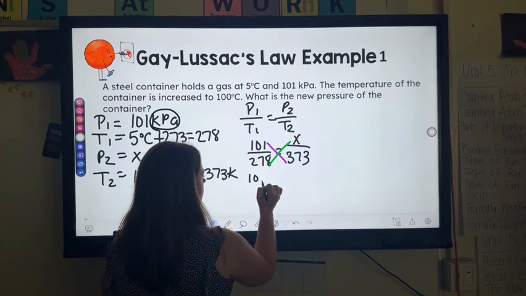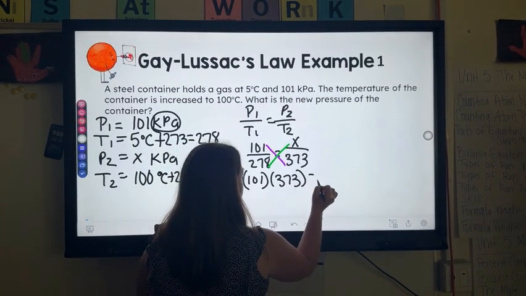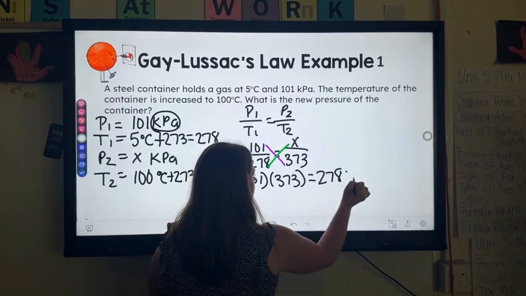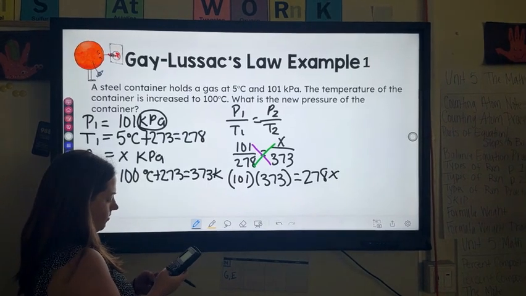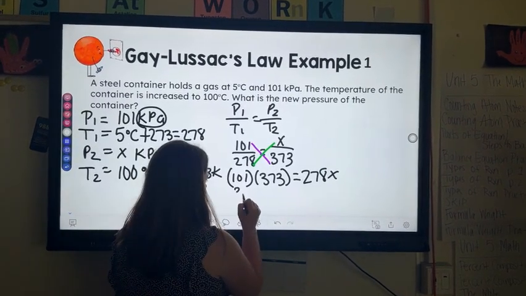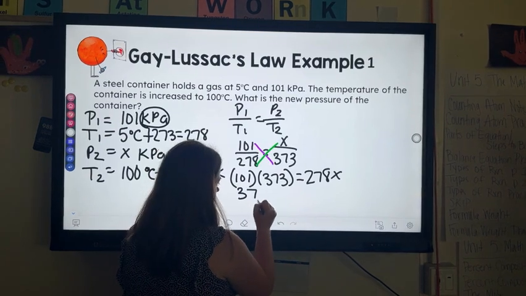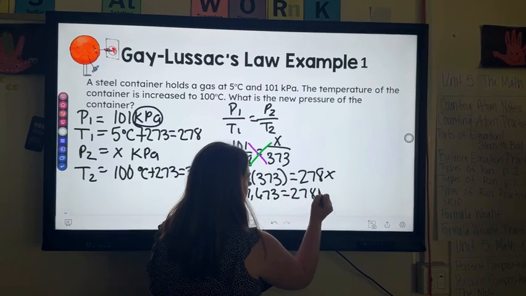So 101 times 373 is equal to 278x. So 101 times 373 is 37,673 is equal to 278x.